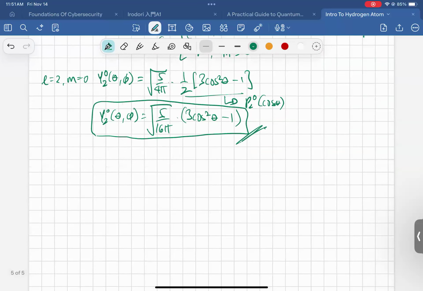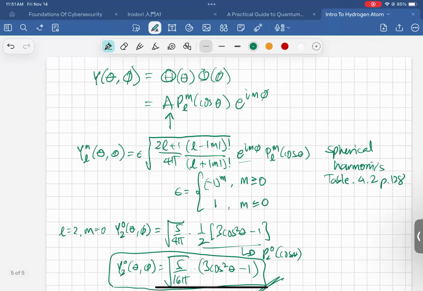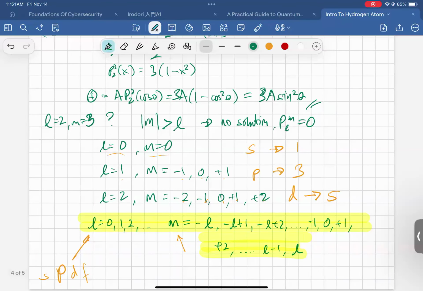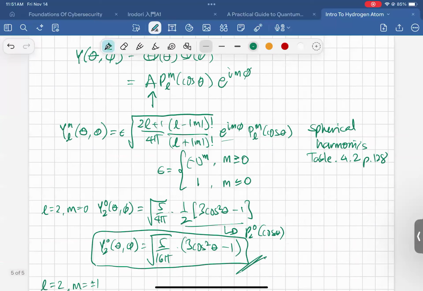Okay, now let's try L equals 2, M equals 1. Well, not just 1, but let's say plus or minus 1. Kasi, bakit plus or minus 1? Kasi, alam natin na yung L, for L equals 2, it can have M equals minus 1 at saka plus 1. Okay, so isama na natin pareho kasi total absolute value naman yung ginagamit dyan.